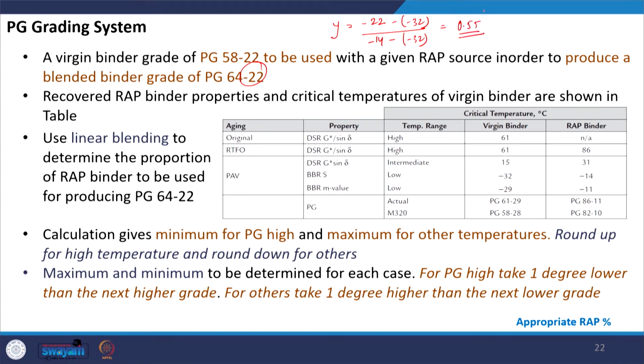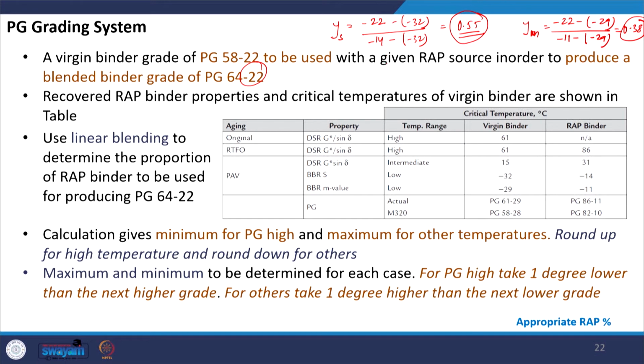So, similar to intermediate temperature, this is also the maximum value corresponding to the stiffness value, the value of S. Now, corresponding to M value, it will be minus 22 minus of minus 29 divided by minus 11 minus of minus 29. So, this is equal to 0.38. So, 38% maximum corresponding to M. Here the designer might also be interested to find out the minimum value, just to ensure that he is not using an excessively soft binder, okay, corresponding to low temperature.